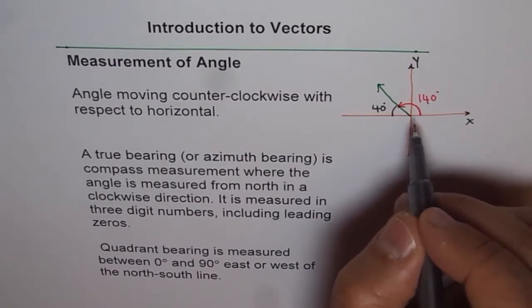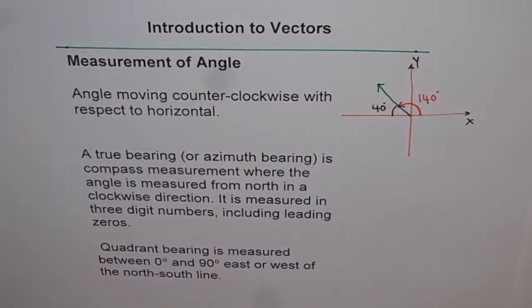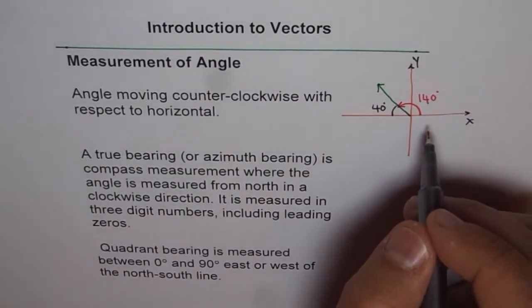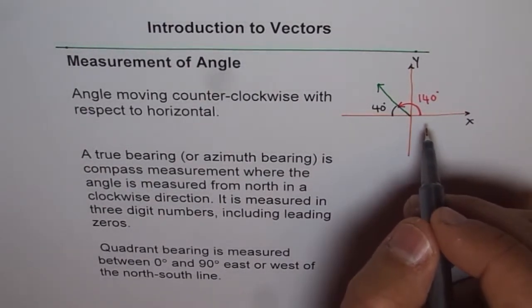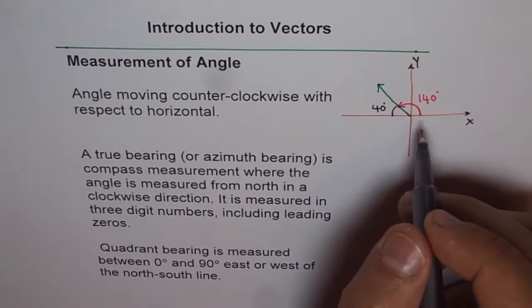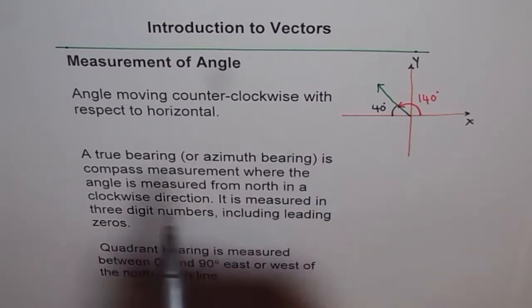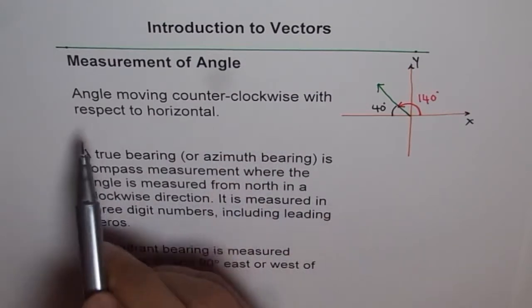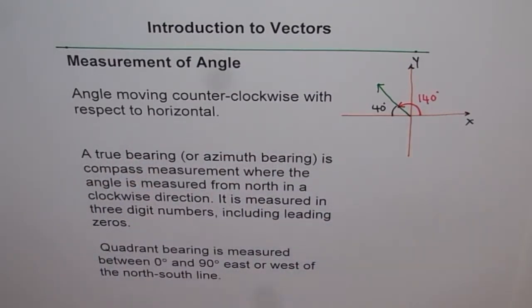And it is the default way of referring angles in trigonometry, right? So counterclockwise from x is the positive angle. We also call it sometimes principal angle, right? So we'll write that, and this is angle moving counterclockwise with respect to horizontal. So that is one of the standards.